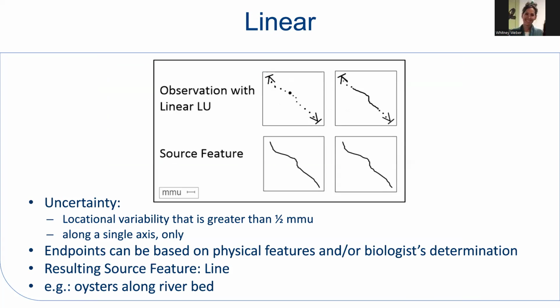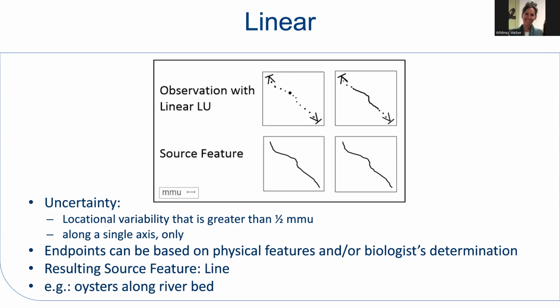For linear uncertainty, this is when the locational variability is greater than half the minimum mapping unit, only along a single axis. So in this case, the endpoints can be based on either physical features or the biologist's determination, such as if you're starting at a bridge and then going down 20 meters, for example.